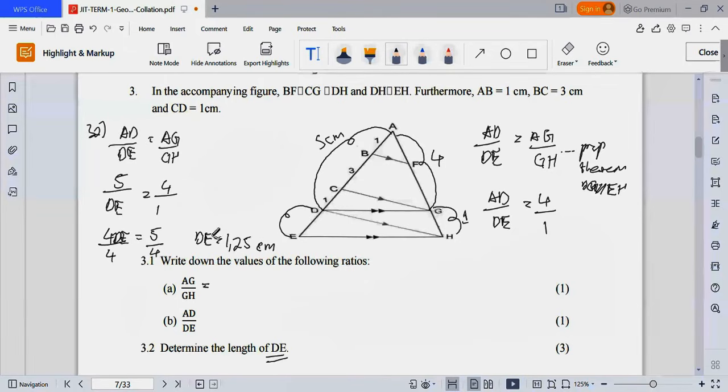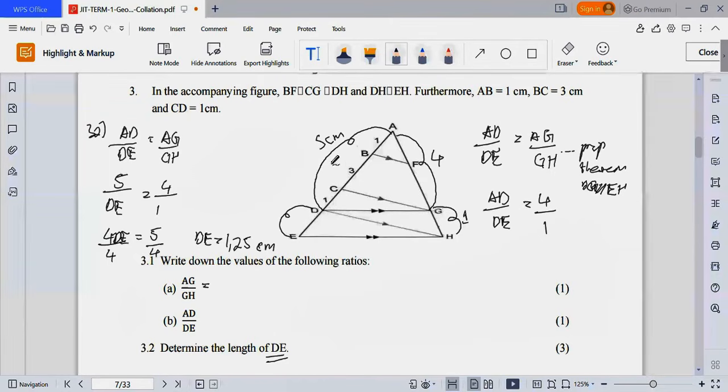So note how the ratio and the actual length are not actually the same thing. With this one, you couldn't say the ratio is 5 over 1 because you didn't have the value here. So you needed to say it's in proportion to AG over GH. So that means the ratio is 4:1.